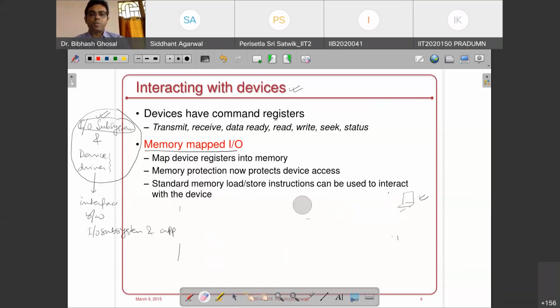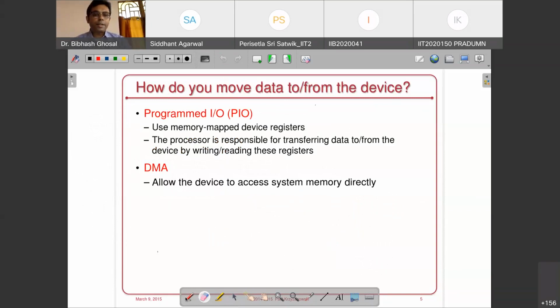This is what we covered last class. The idea was that, let me quickly show you so that you get to know. Suppose this is the memory which the CPU is accessing.